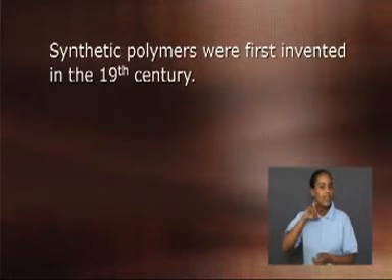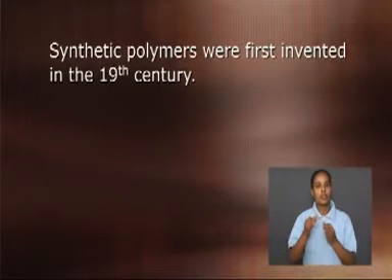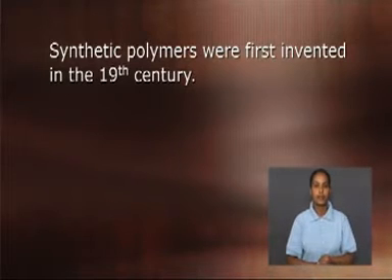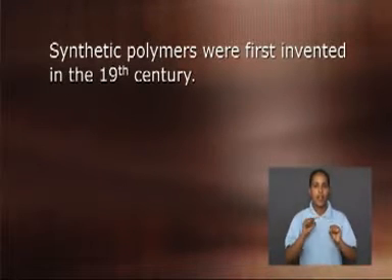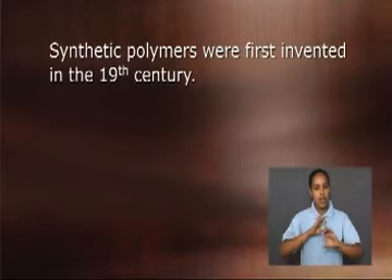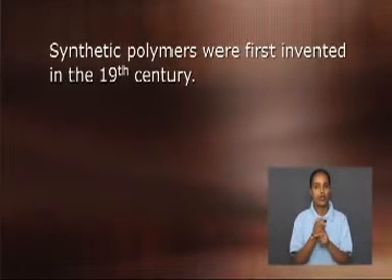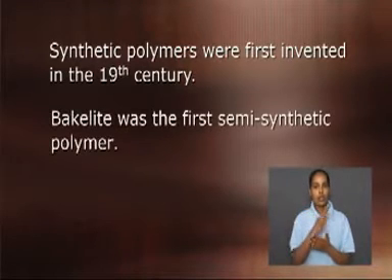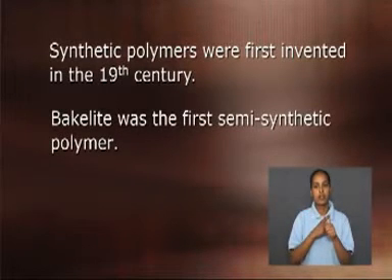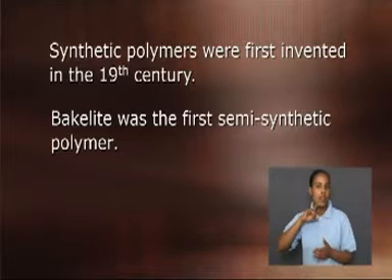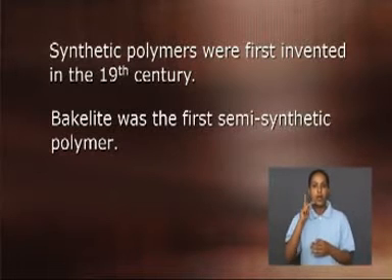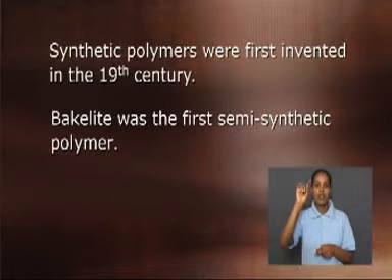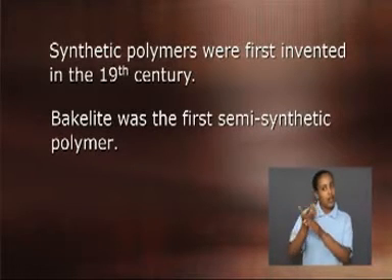Synthetic polymers were first produced in the 19th century. Scientists began to chemically modify natural polymers to produce new substances. One of the first semi-synthetic polymers to be commercially available was called bakelite, which we will study later in this unit.